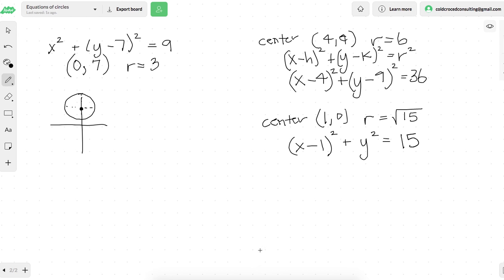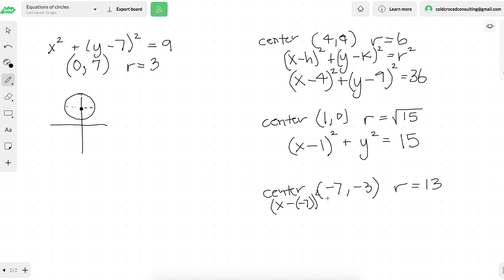All right, but let's do one last one that's got maybe some negatives in it. So what if I have the center where the center's been moved from 0, 0 to -7, -3, and my radius is 13. All right, so now instead of having the x minus h, it's going to be x minus -7.